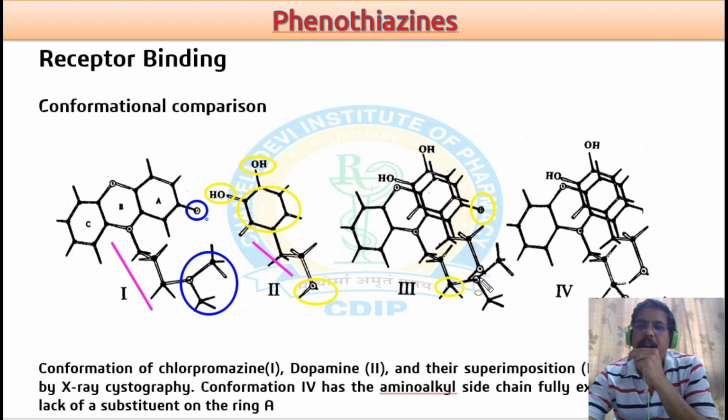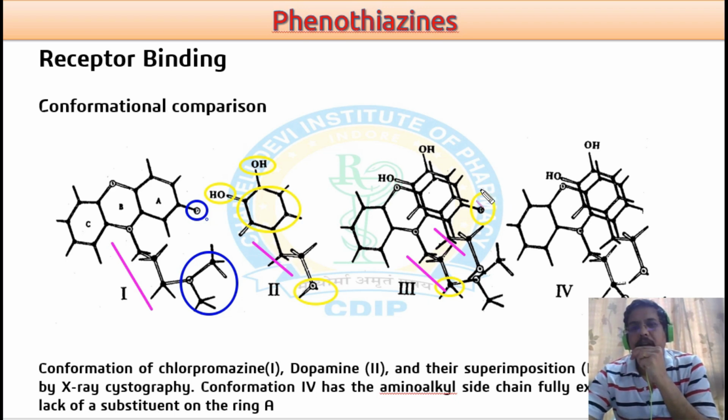electron withdrawing in nature and this is nitrogen, so they have the lone pair of electrons which might be responsible for the shifting towards the electron withdrawing group, and by virtue of that the linker distance is quite the same as the 2 carbon linker of dopamine.